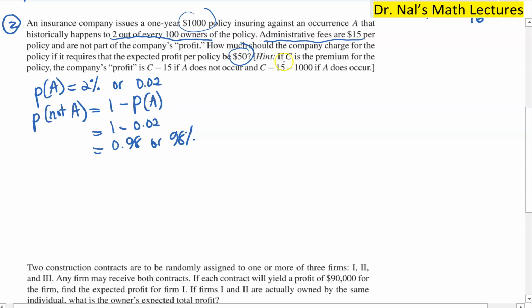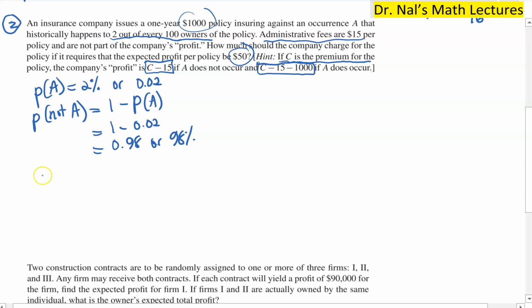So if C is the premium that the company charges, obviously if A does not occur, this will be the profit, C minus 15. Why? Because there's a $15 administrative fee that's like a cost. C minus 15, revenue minus cost, will give you the profit. Or if A happens, that's the value of the profit.